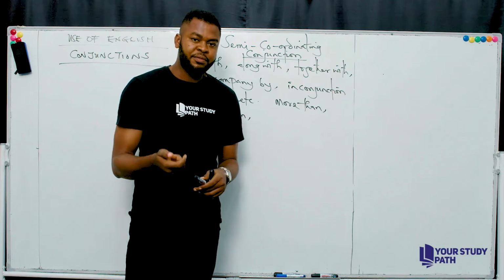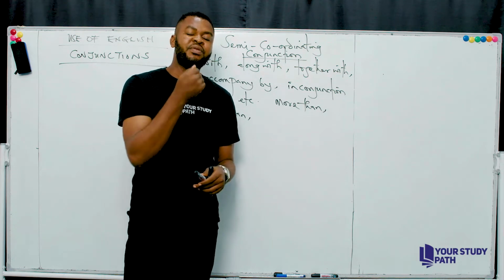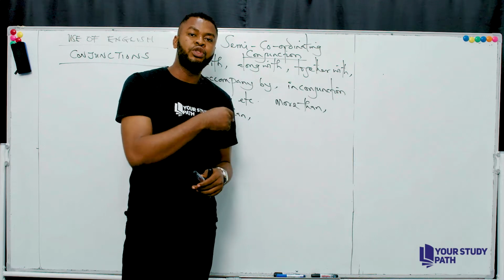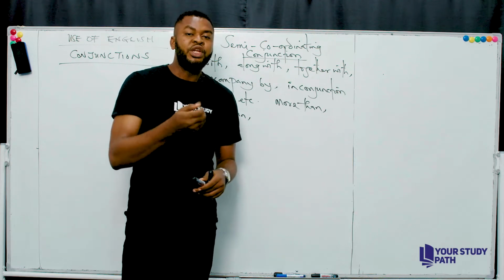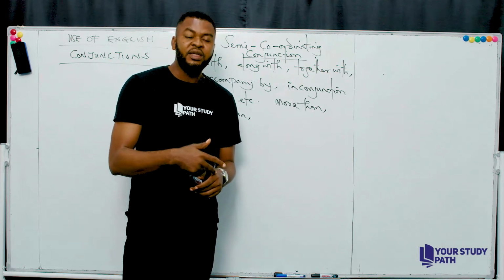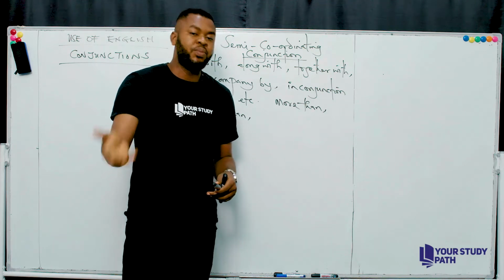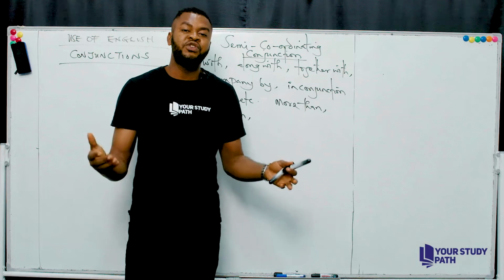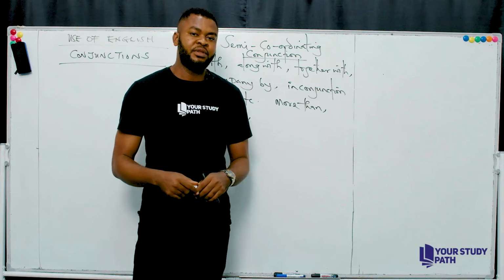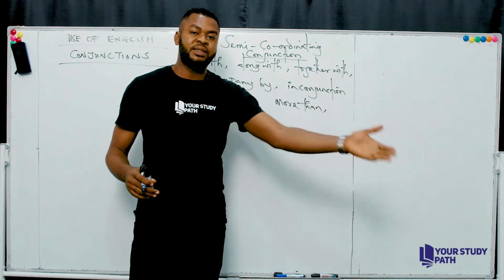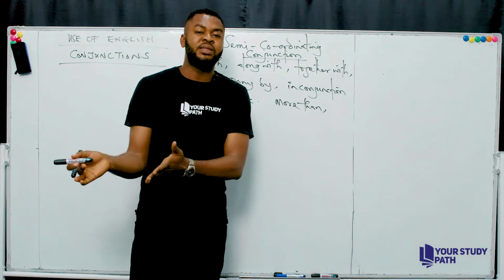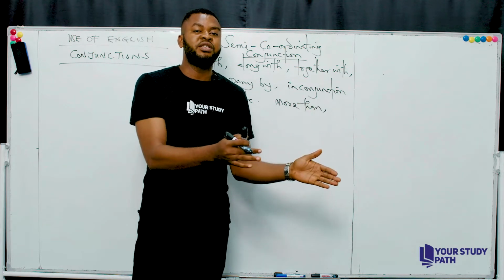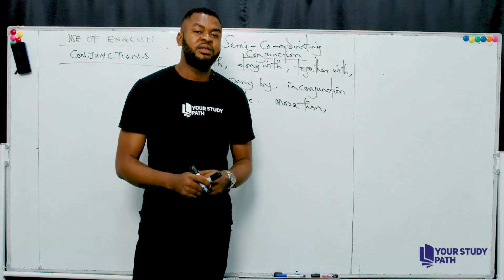In the same way, if the subject before the semi-coordinating conjunction is plural in number or person, the verb must equally be what? Be plural. So it means that your attention is on the first subject. It is the first subject that determines the verb. If the first subject is singular, the verb has to be singular. If the first subject is plural, the verb has to be plural.